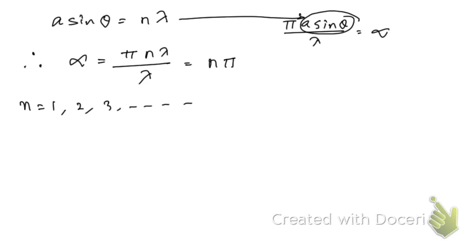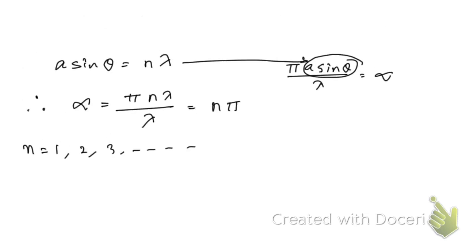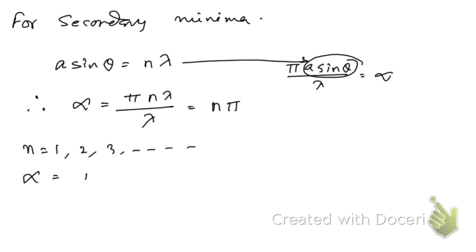Let me write here for secondary minima. Then we're going to get alpha equal to pi, 2 pi, 3 pi, and so on, right?